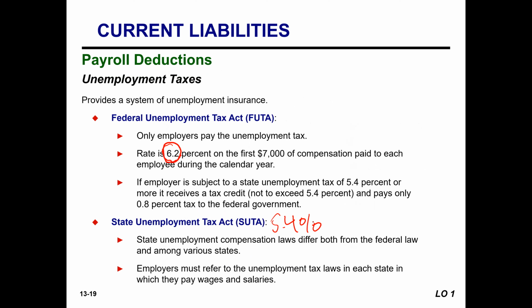So in this case, state 5.4%, then we would only pay 0.8% to federal. So that's what it's saying here on this third bullet point. If the employer is subject to state unemployment tax of 5.4% or more, it receives a tax credit not to exceed 5.4% and pays only 0.8% to the federal government.